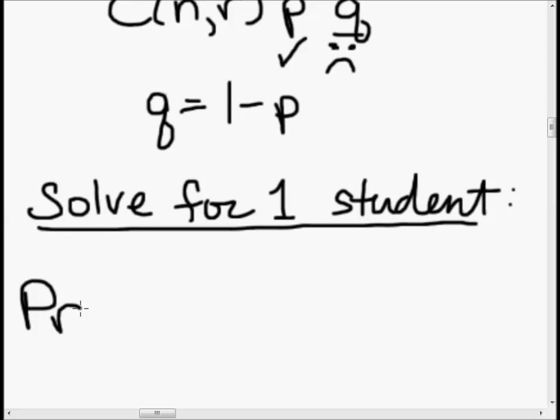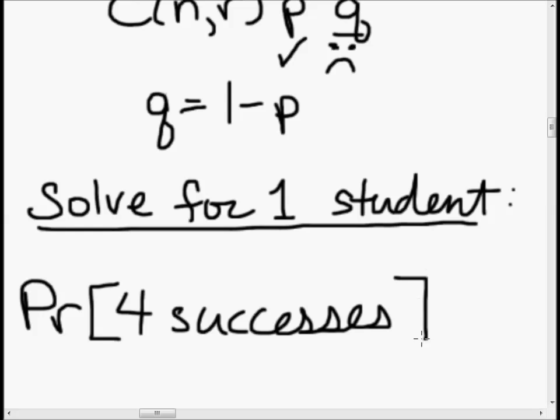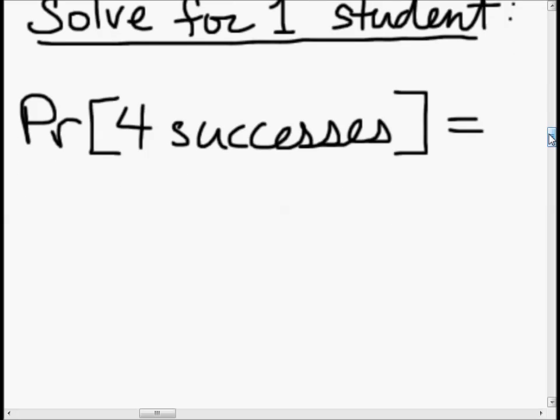So the probability of 4 successes is equal to, and all of this should be familiar because you know how to do all of these things. So the combination of 10 choose 4, right? Because there are a total of 10 questions, and we want 4 of them to be correct.